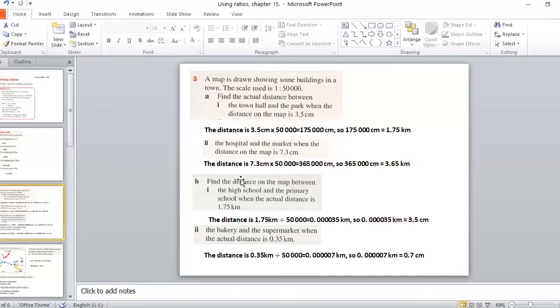B. Find the distance on the map between the high school and the primary school when the actual distance is 1.75 kilometers. Now we use the opposite operation of multiplying. Now we divide this actual distance, 1.75 kilometers, by the second number shown on the ratio, 50,000, giving us 0.000035 kilometers.